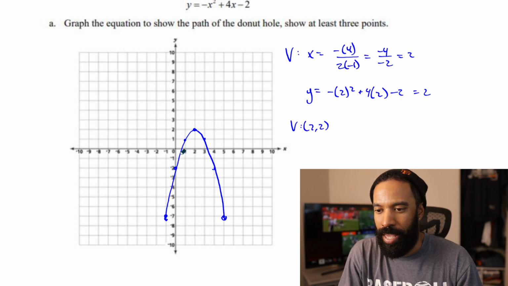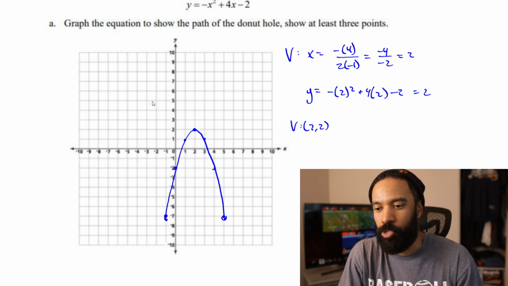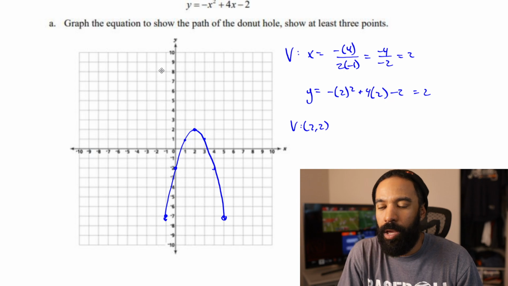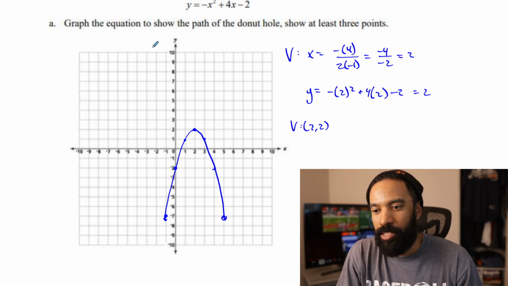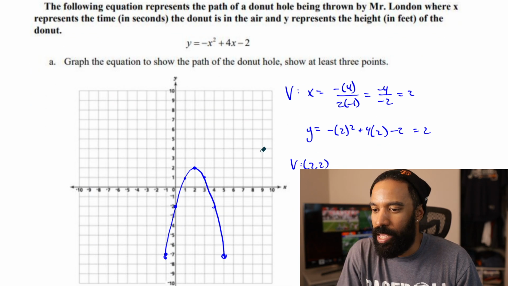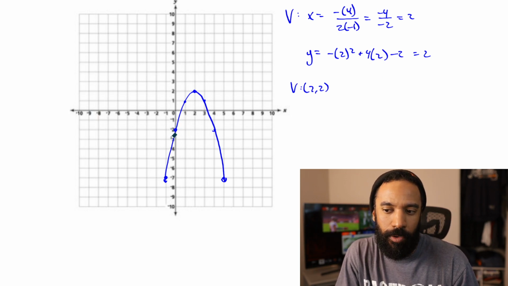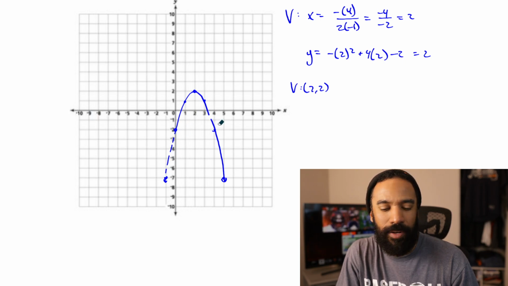I don't know how good this problem is in terms of representing a graph for this word problem. At time 0, I don't know what's being stated, but there was probably no time before the donut was actually thrown, so that probably doesn't count. And if it's thrown at him, maybe it hits the ground. So I don't really know.